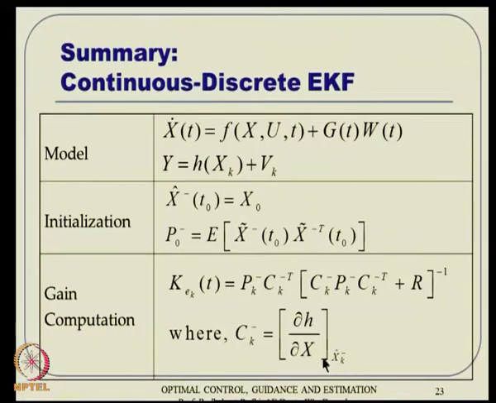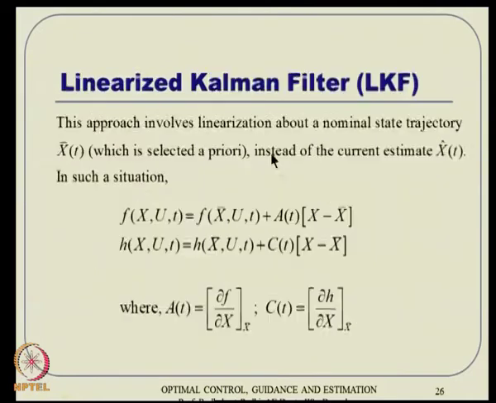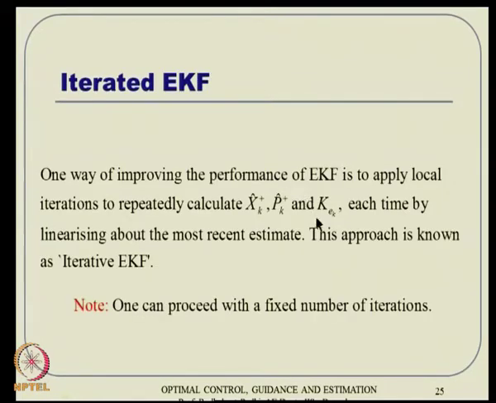We have an updated value, so we take that and put this updated value here. So we get a new C. Using the new C, we can compute a new gain and then again come back and update, and this cycle can continue. That is called iterated EKF. We can keep on doing that. You can fix a number of iterations; there is no point in waiting until stability and things like that, and then proceed further. Some people use 2, 5, 10; you can fix it based on your computational platform and computational capability.